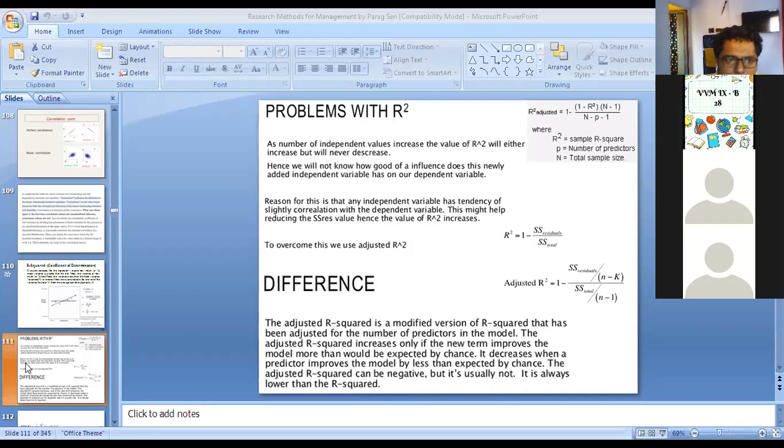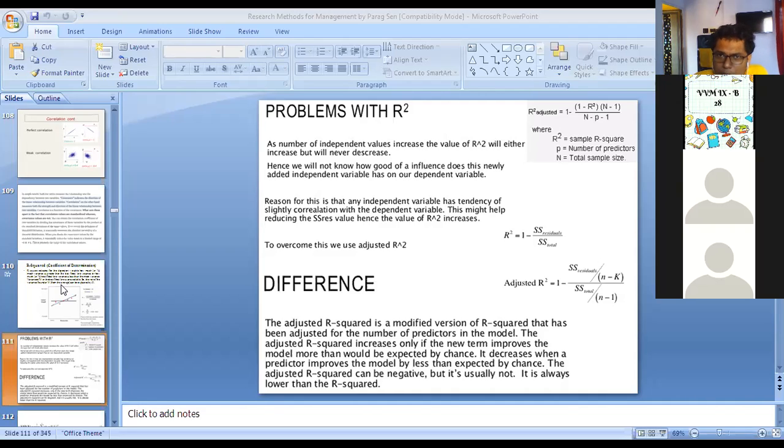Finally, if I want to summarize all these concepts: covariance is a concept where you can only see the direction of the variables. The correlation coefficient, R, has a value from -1 to +1.